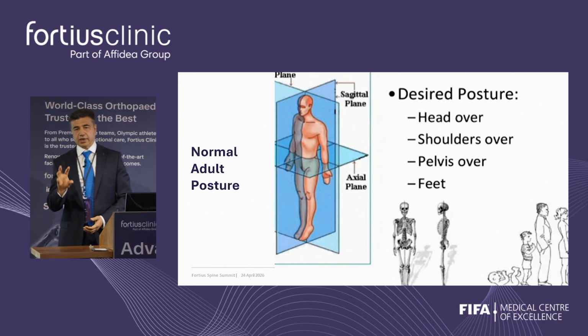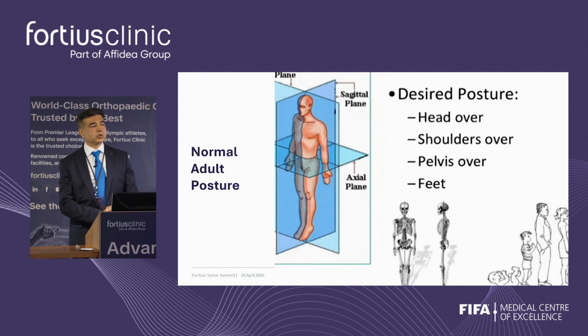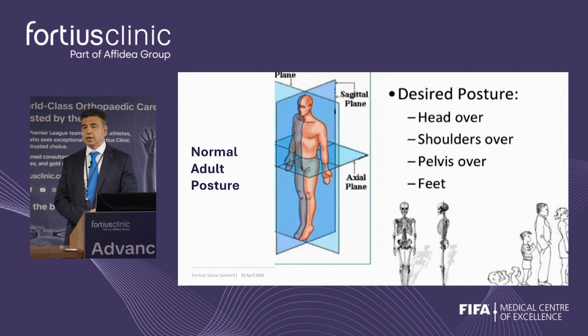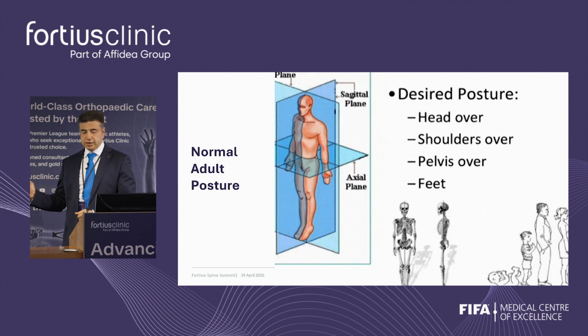If we have that posture, that is the normal posture of our spine, and that's how our sagittal balance is. But due to different reasons, it gets disturbed because of different pathology, age, other factors. And as a whole medical community, you guys and we work together to maintain that balance.